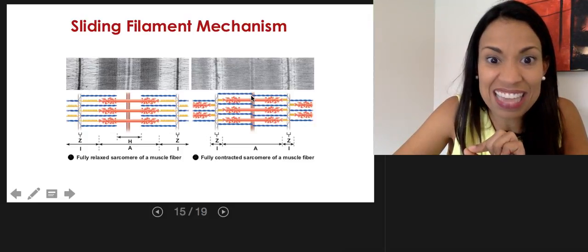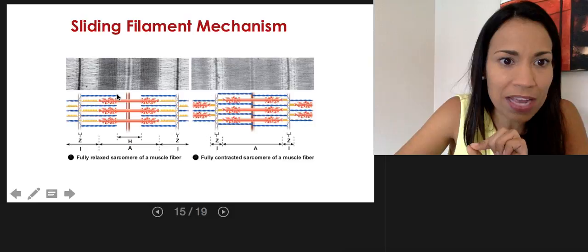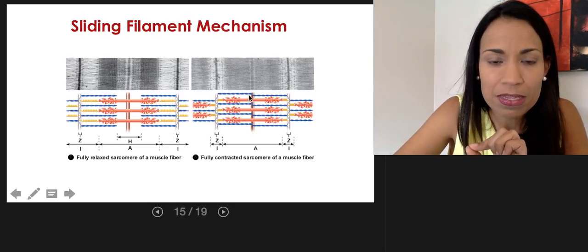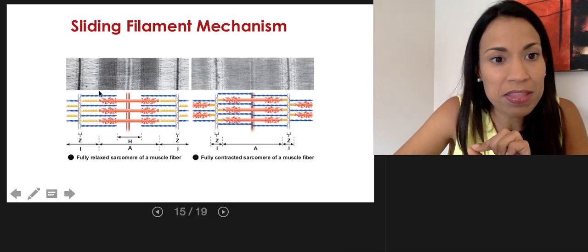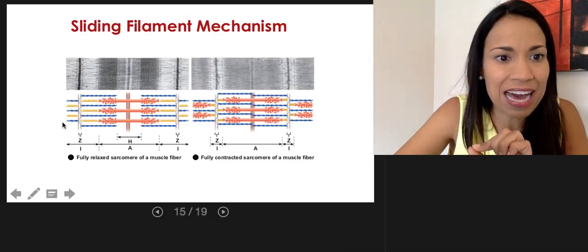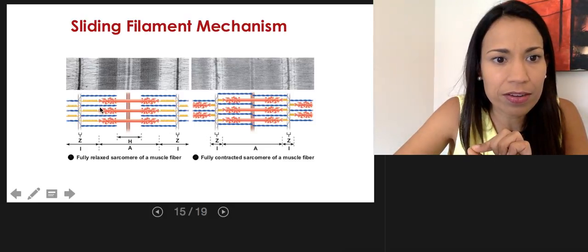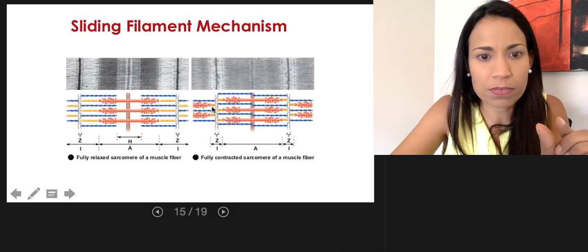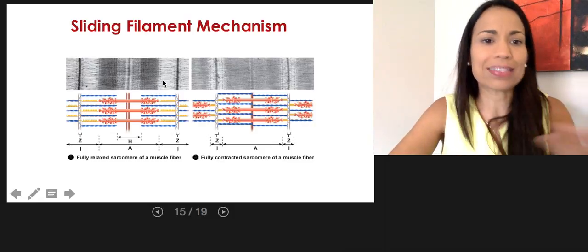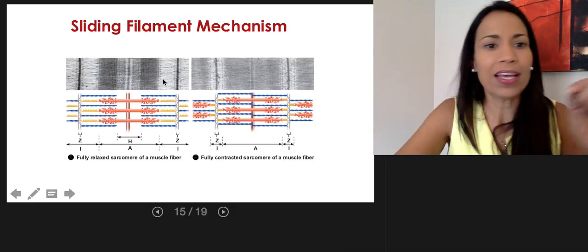Look, the H zone that we described earlier disappears. And the width of the I band, containing only the thin filaments, decreases. See, now it's thinner.